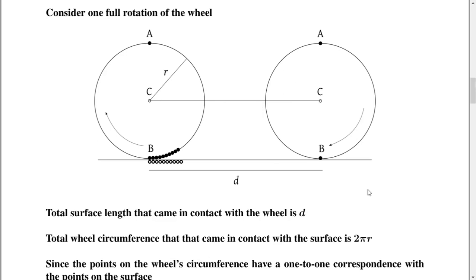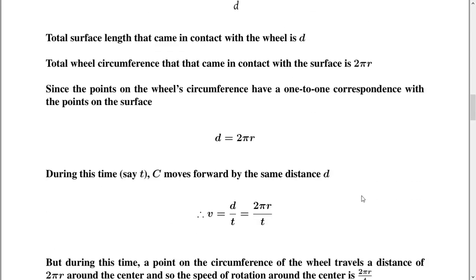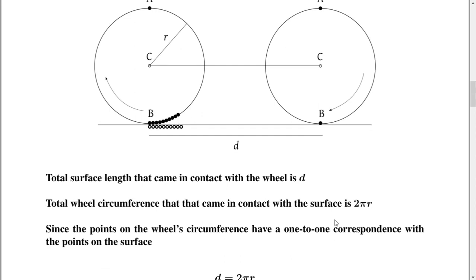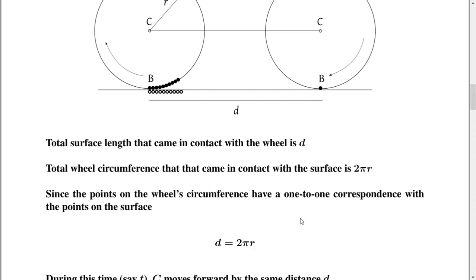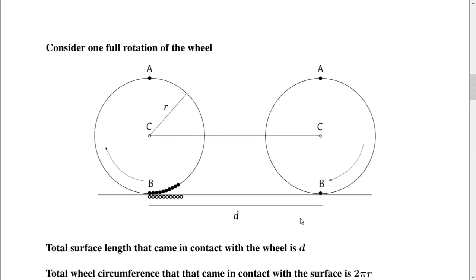If the time taken is t, then the velocity of C, which is given as v, is equal to D by t. But D is equal to 2 pi r, so the velocity of C, v, equals 2 pi r by t. We found D to be equal to 2 pi r. Now during this time, let's try to find out the speed of rotation of B around C. The time taken is t, and B has traveled a distance of 2 pi r because it has covered the entire circumference once.